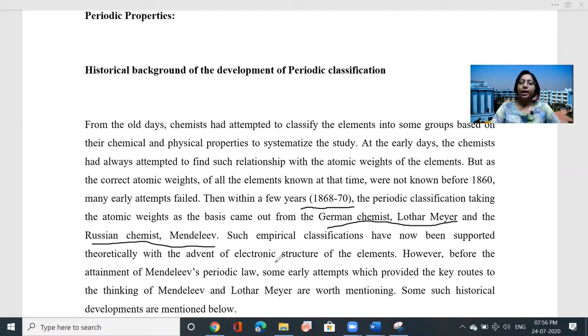I think you have heard the name Mendeleev. Such empirical classification has now been supported theoretically with the advent of the electronic structure of the elements.